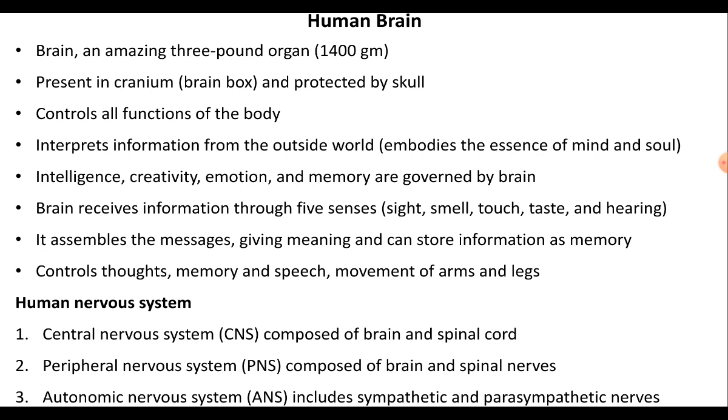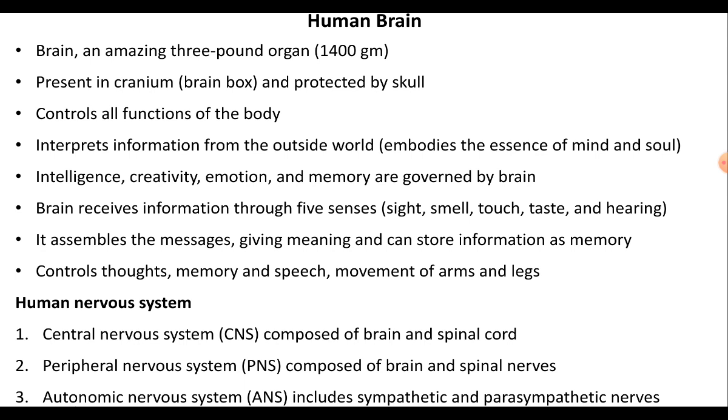Brain receives the information through our 5 sense organs. That is, the information is in the form of sight, smell, touch, taste and hearing. It assembles the messages in such a way that it gives the meaning for the information, and it can store the same information in the form of memory.